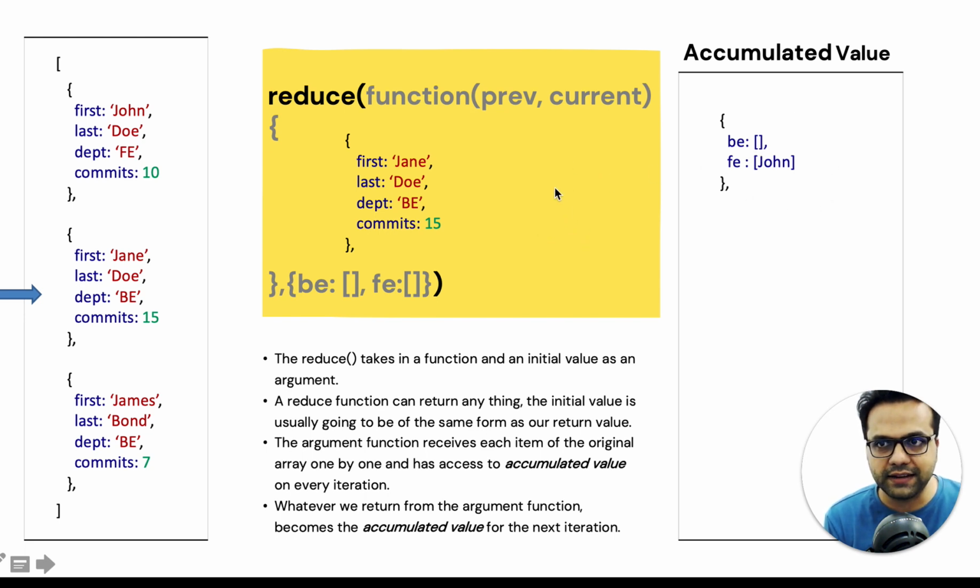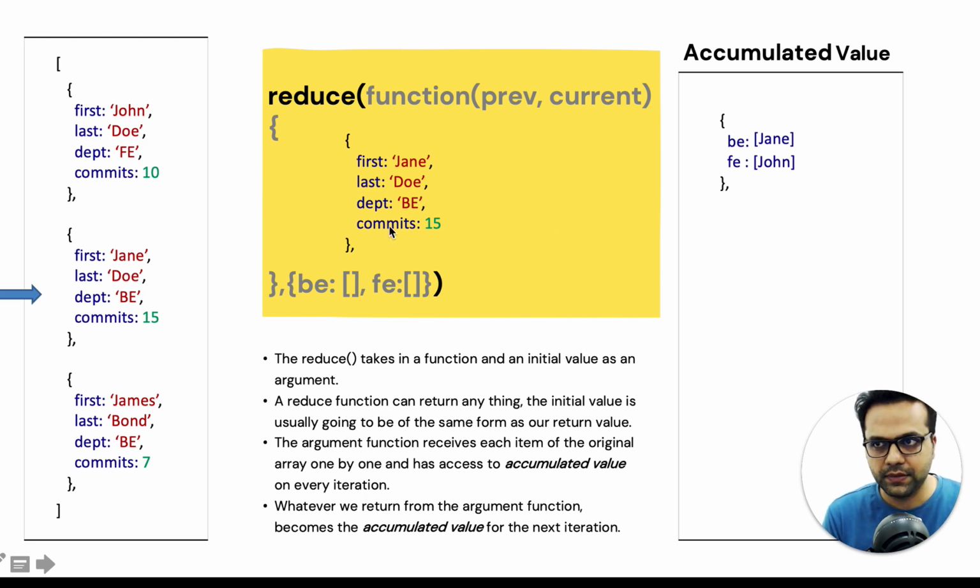Again, we write some logic. We check the department is backend. So this object, we will return it, but before returning it, we will push Jane to the backend array, to this particular place. Okay. And now when the object is returned, this is the accumulated value or the previous value.